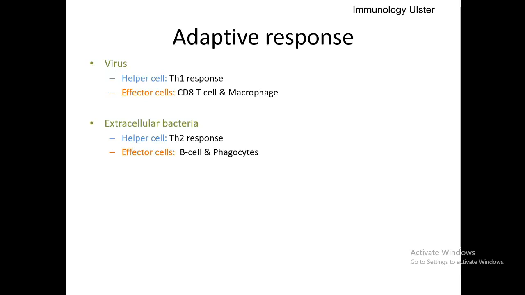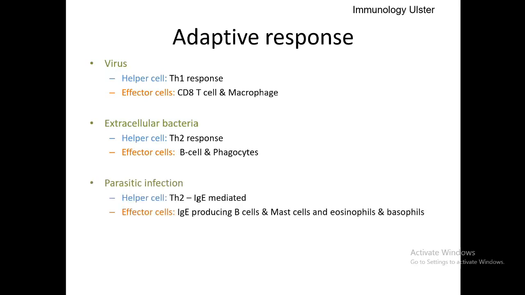Okay, so the effector cells for dealing with extracellular bacteria are B cells, which will produce antibody. The antibody will bind to the pathogen, and then the phagocytes will start to phagocytose those antibody antigen complexes. Okay, so they're the cells that are required for extracellular bacterial infections.